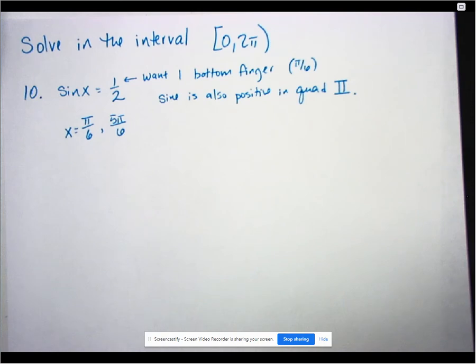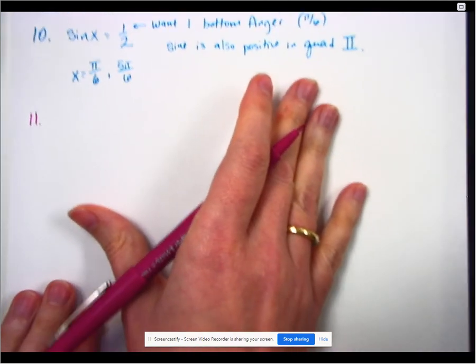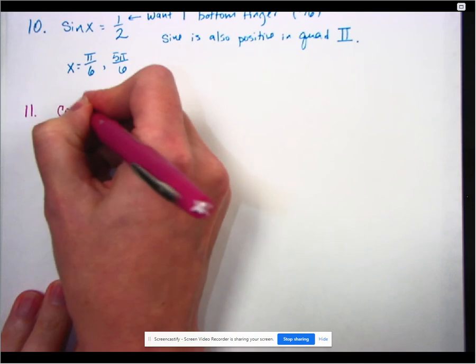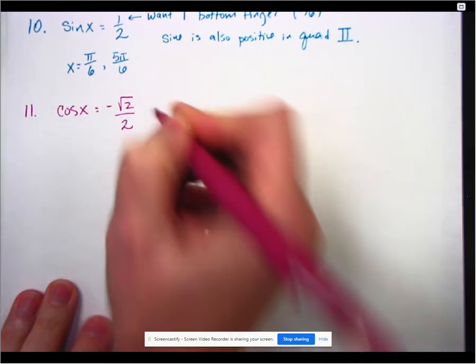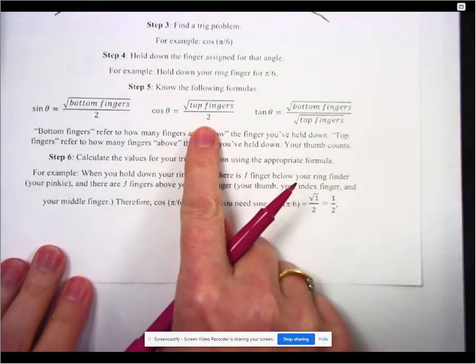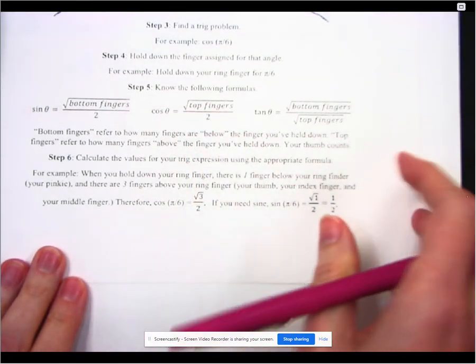Okay, so let's look at another one. For number 11, we have the equation cosine of x equals negative square root of 2 over 2. Don't forget that when we are using the hand trick to find cosine, it's the square root of the top fingers over 2.